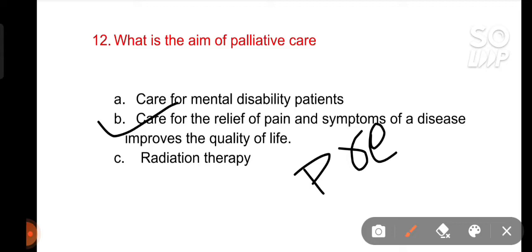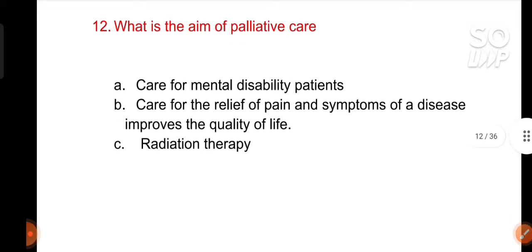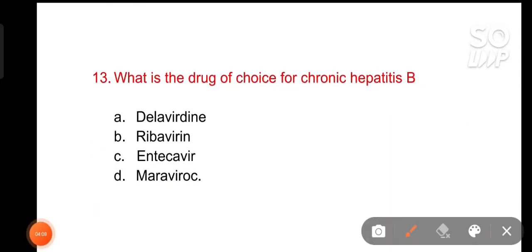Lifelong disorders like AIDS or some cancers, in those cases the patients will come under the palliative care. So we are just to relieve the pain and symptoms and to improve the quality of life. That is nothing but palliative care.